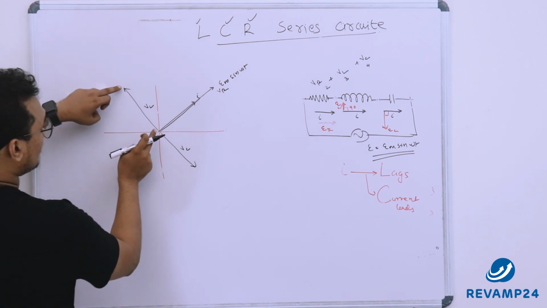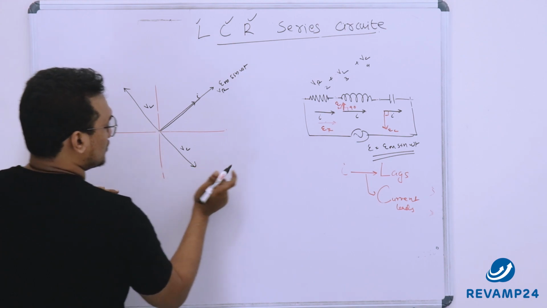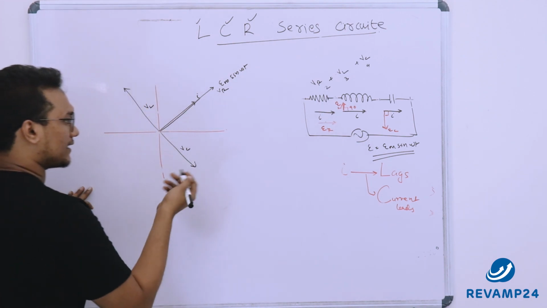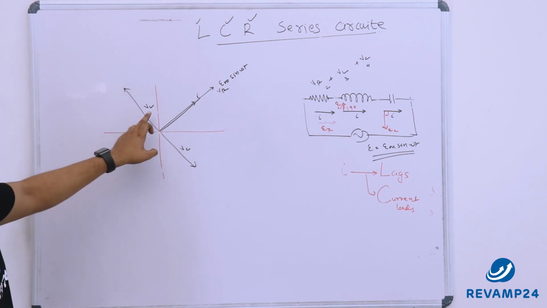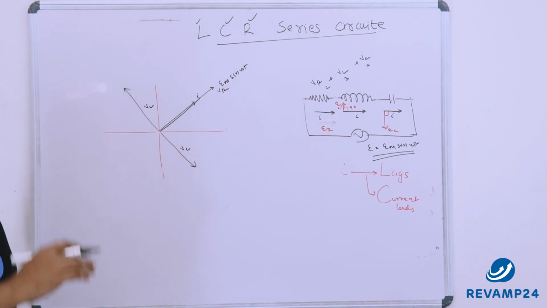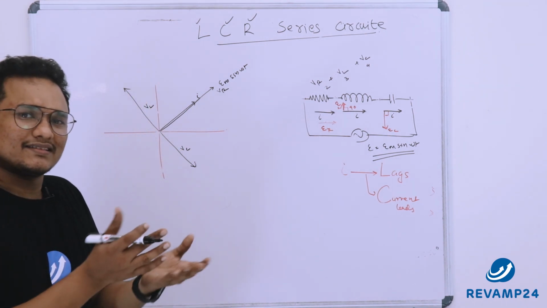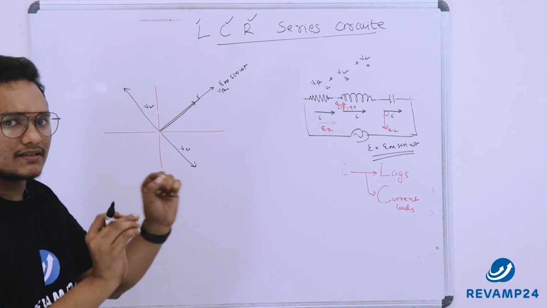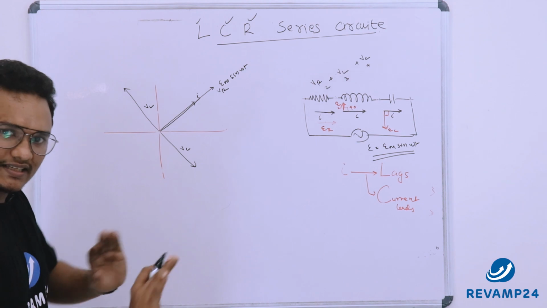Now see, sometimes VL can be more, sometimes VC can be more because VL and VC are connected with XL and XC. So here in this example I am going to consider VL is greater than VC. Now in NCERT it is given that VC is greater than VL. It is the same thing. Derivation and equation and everything would be the same.